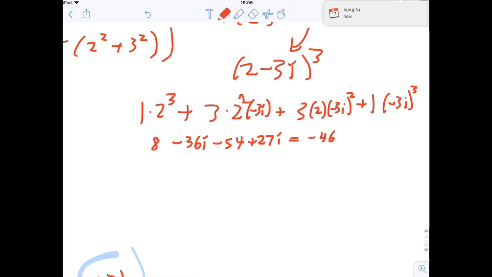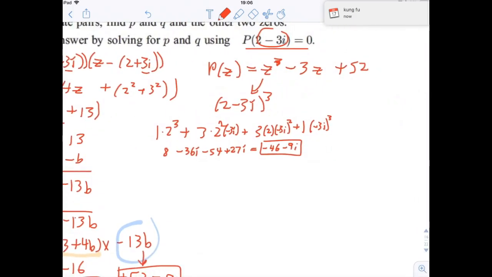Negative 36 plus 27 is negative 9i. So that is the z cubed term. And then minus 3z would be negative 6, and minus 3 times minus 3 is plus 9, so plus 9i. That would be the z term, plus 52.